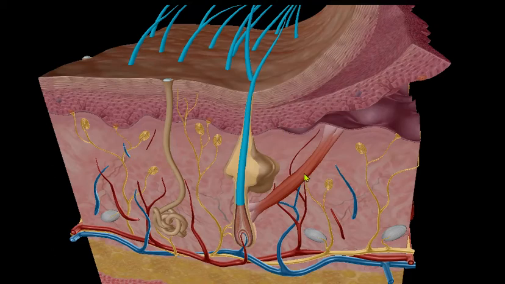Now, beyond that, we also have another structure that's very closely related to the hair, and that's the erector pili muscle. This is the muscle that's attached to the base of the hair that allows it to stand up straight, which you'll notice particularly when somebody gets a little bit cold. It's just a small band of smooth muscle that's associated with the base of the hair follicle.